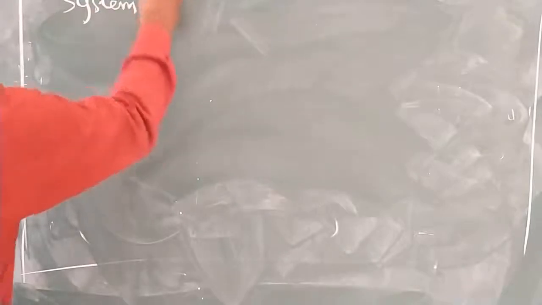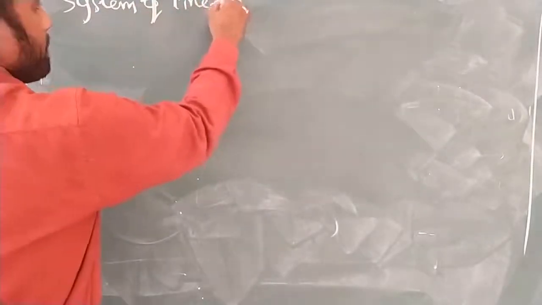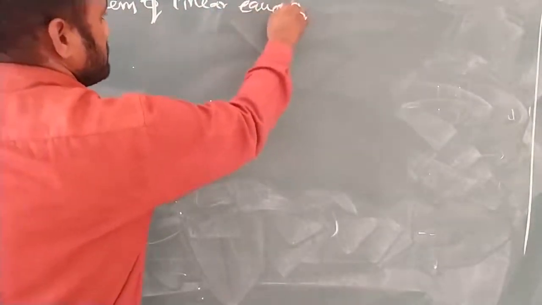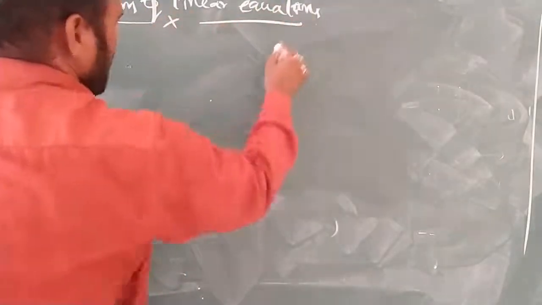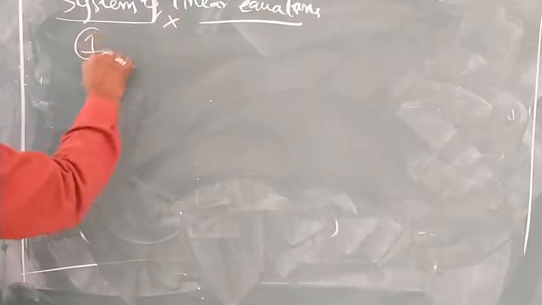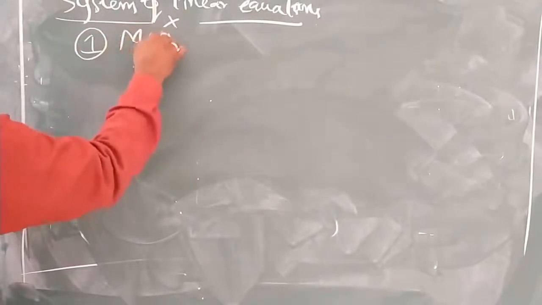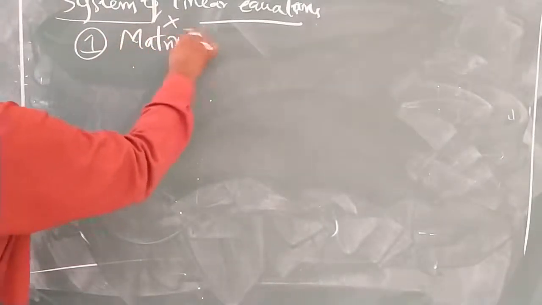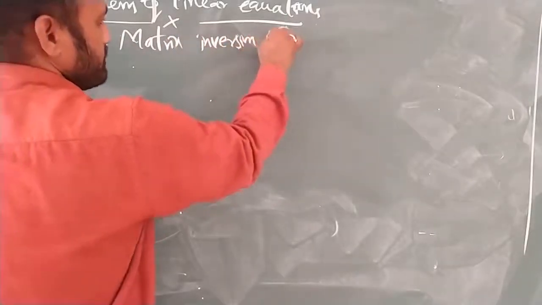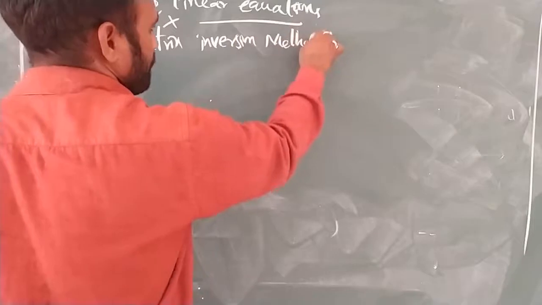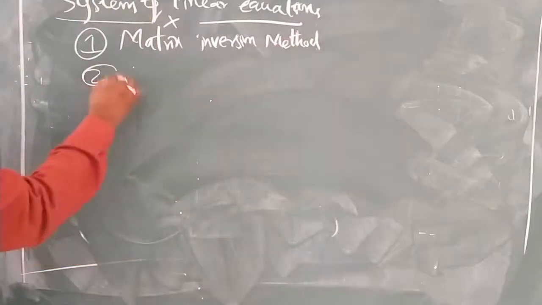So we have a system of linear equations. This system of linear equations can be solved by using three methods. The first one is the matrix inversion method. The second method is Cramer's rule.